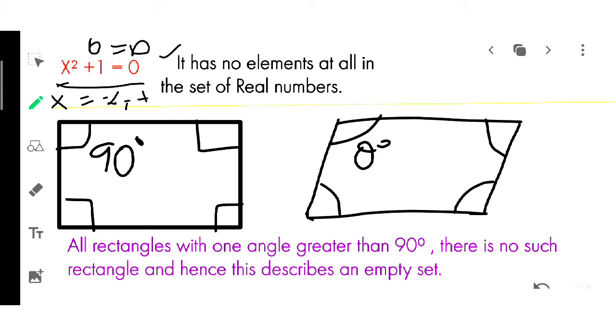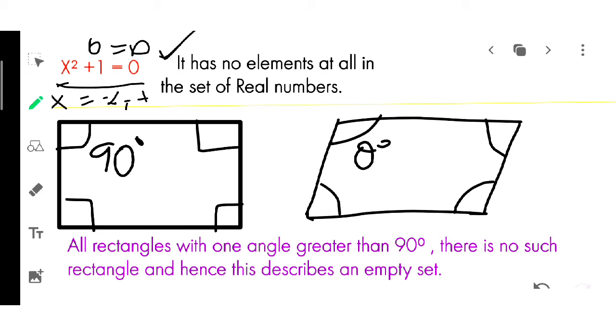Substituting x equal to 0, we have the equation 0 plus 1 equal to 0, and here we have 1 equal to 0. This is also a false answer. So likewise, when we substitute any of the x values, we cannot solve the equation as LHS equals RHS. So this equation has no elements in the set of real numbers.